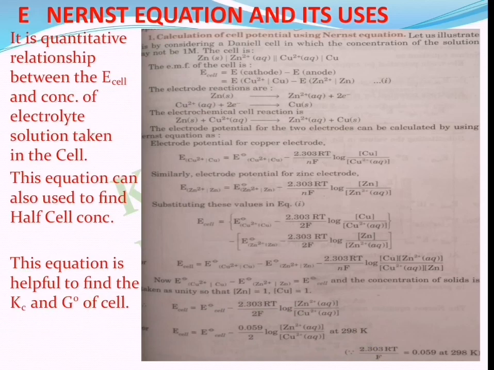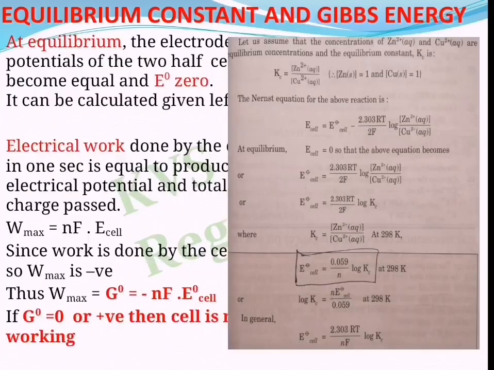Okay, let's see the next application of the Nernst equation. We can find the equilibrium constant and Gibbs enthalpy or Gibbs energy. At equilibrium, you know that the metal rod on the left hand side loses electrons and on the right hand side gains electrons, but after some time a condition is reached where the concentration of the two half cells becomes equal, or the ability to lose and gain electrons by the metal rod becomes 0.